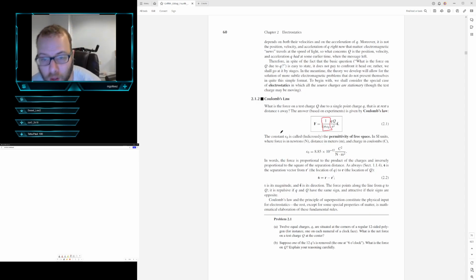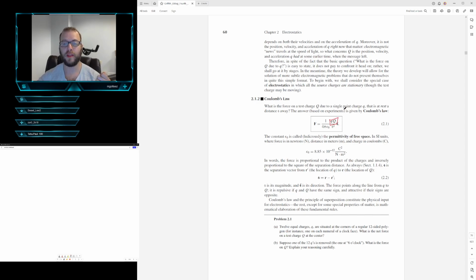All of these values are, as the name implies, constant. So epsilon naught is the permittivity of free space. In SI units, it's equal to 8.85 times 10 to the negative 12 Coulomb squared per Newton meters squared. Very simple. The next part we have are the charges.